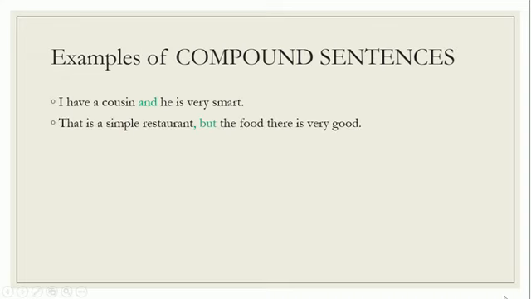The next, that is a simple restaurant, comma, but the food there is very good. Here I combined that is a simple restaurant, an independent clause, with the food there is very good.